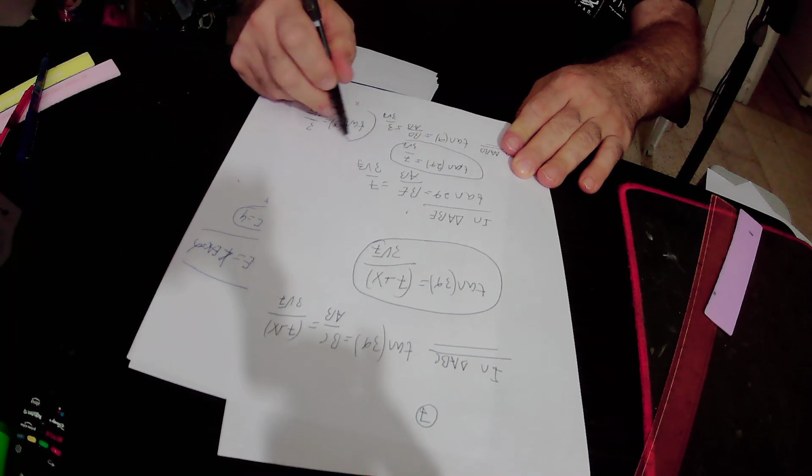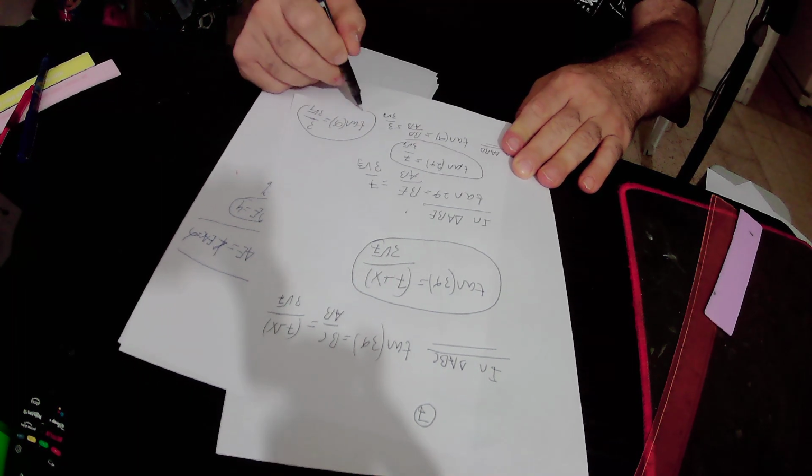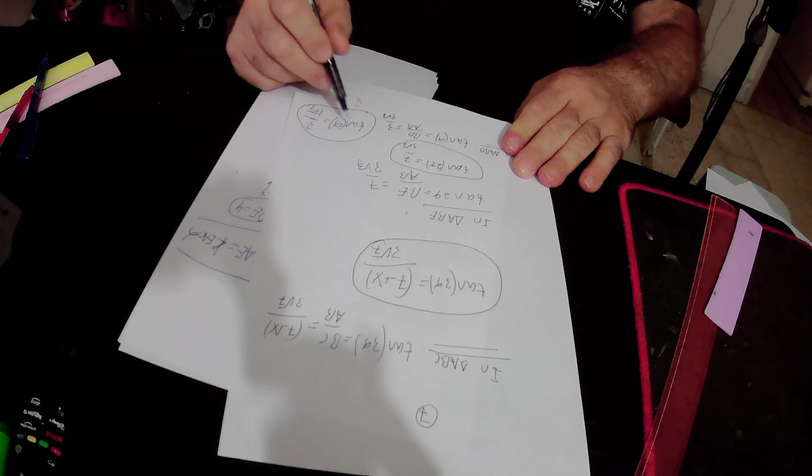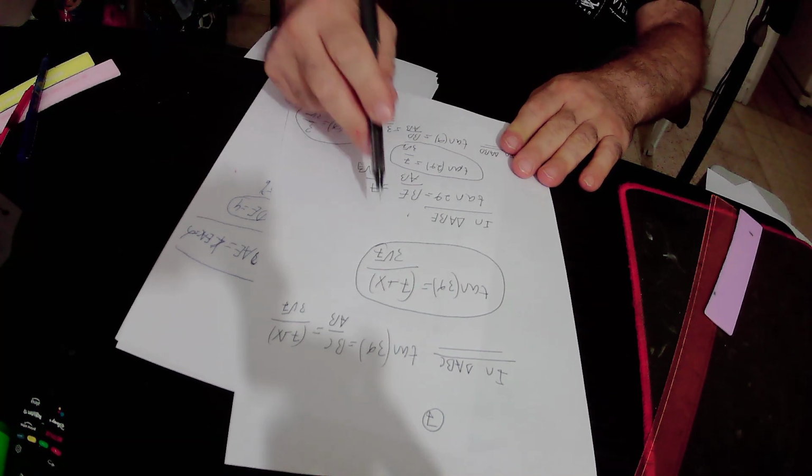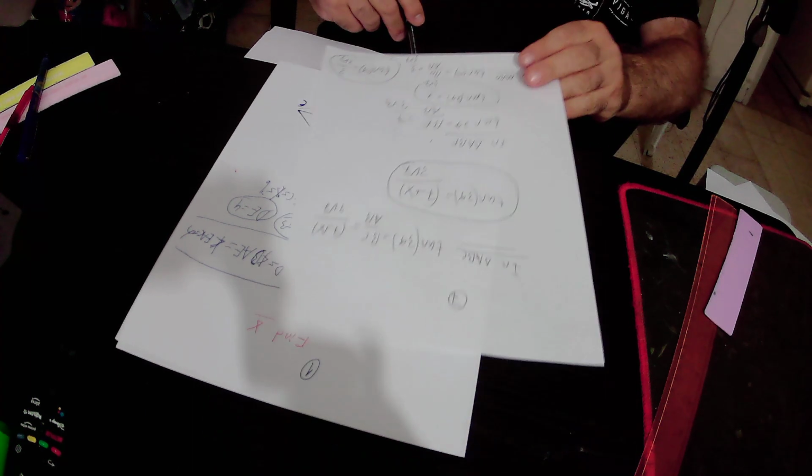So we actually found out the values of tangent alpha, the value of tangent 2 alpha, and the value of tangent 3 alpha. Okay?